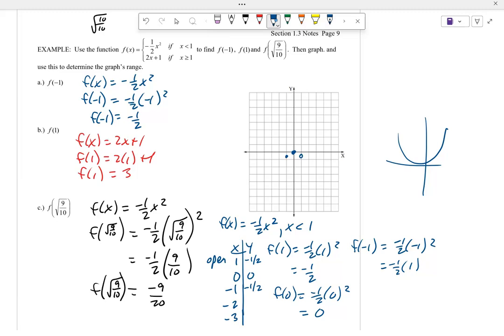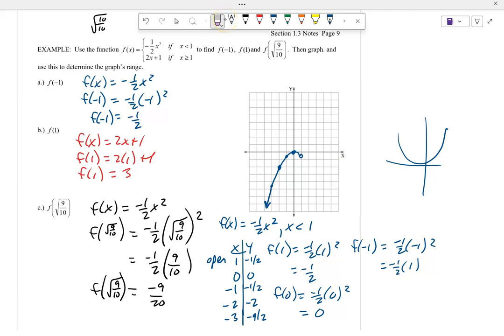So I got negative 4 over 2 is negative 2. Plug in negative 3. Negative 3 squared is 9. So I got negative 9 halves on that one. So negative 4.5. So about right there. Anyways, I could keep going with this, but you kind of got an idea. That's that part of that piecewise defined function. It's that flipped over quadratic whenever x is less than 1.